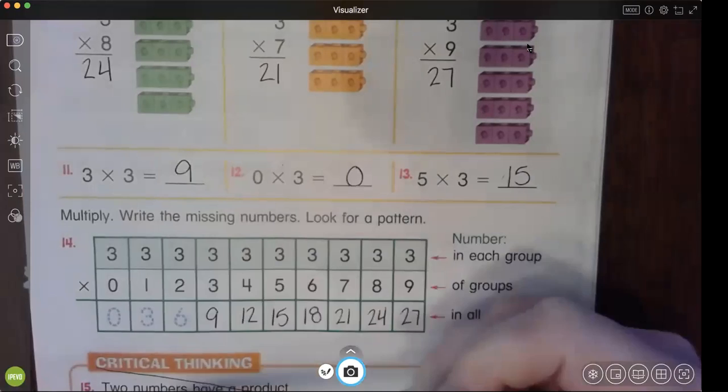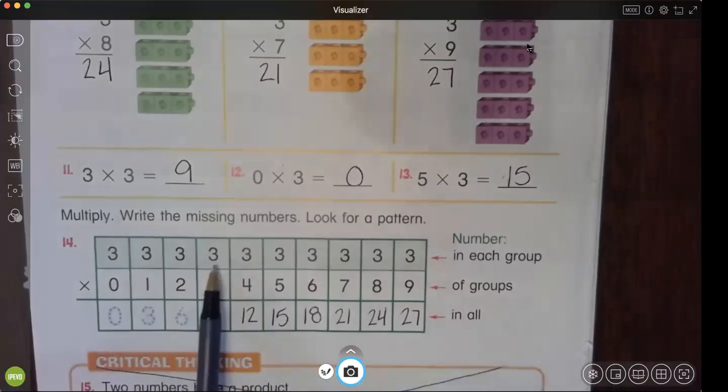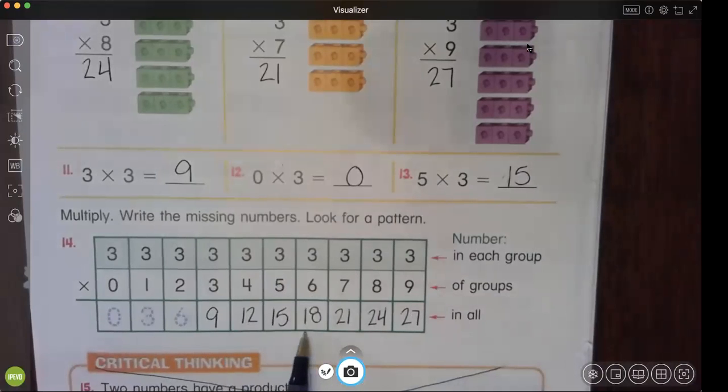So that means 3 times 0 is 0. 3 times 1 is 3. 3 times 2 is 6. 3 times 3 is 9. 3 times 4 is 12. 3 times 5 is 15. 3 times 6 is 18. 3 times 7 is 21. 3 times 8 is 24. And 3 times 9 is 27.